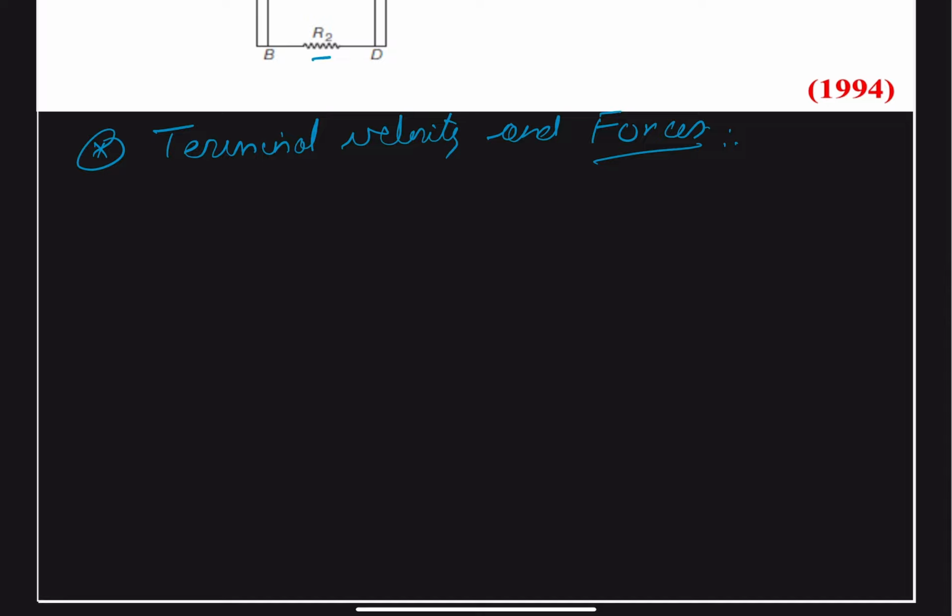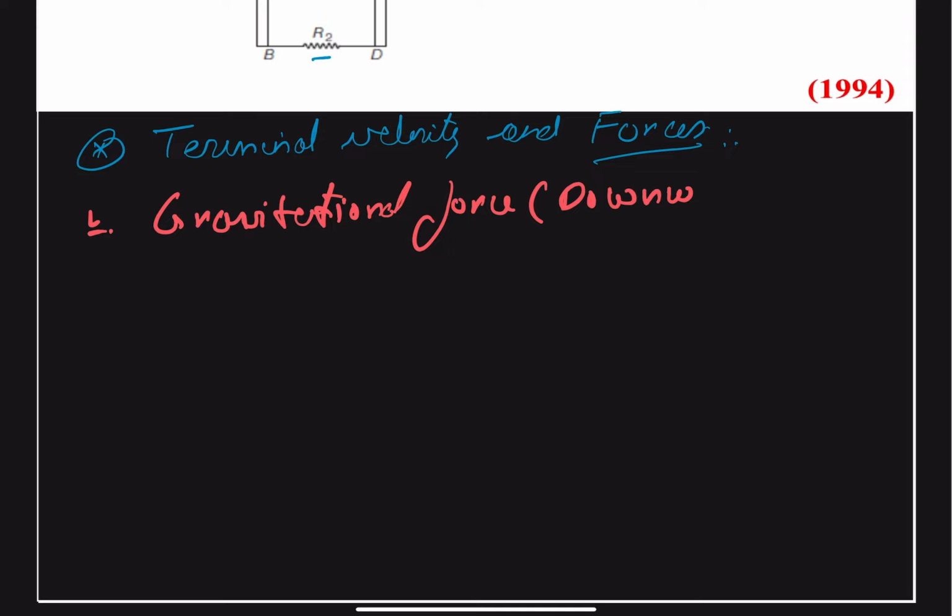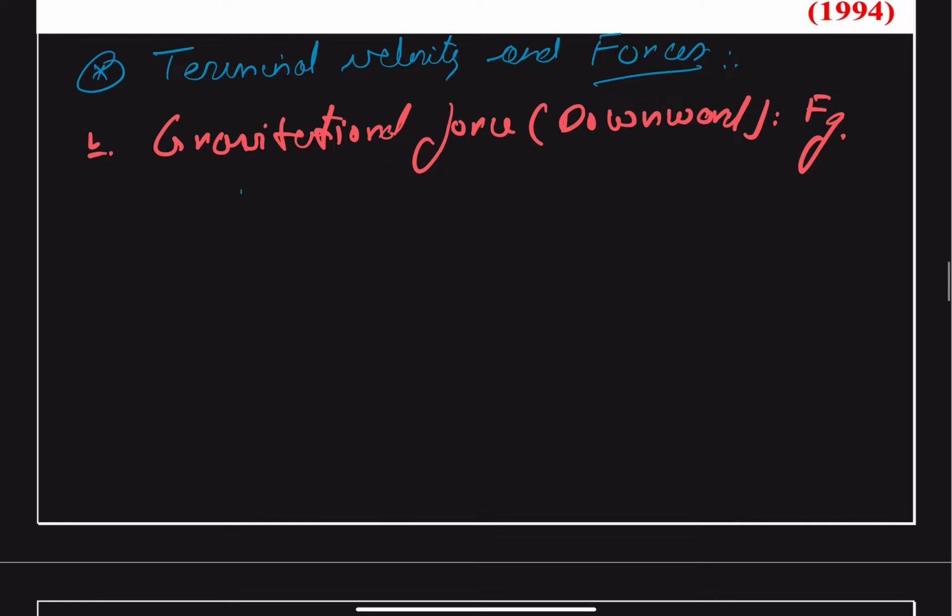The first force will be the gravitational force, acting in the downward direction. Let us suppose that is given as Fg, and this Fg will be equal to mass into acceleration due to gravity.